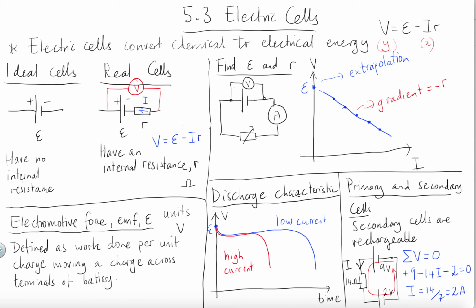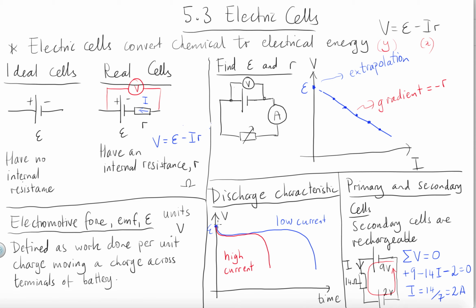Now, if I was to connect a cell in series with a resistor, if I have a low value of the resistor, I would get a high current. It would discharge very quickly, and I get a discharge characteristic like this, a very steep drop to a constant value of potential difference, and then suddenly a drop down to almost zero potential difference.